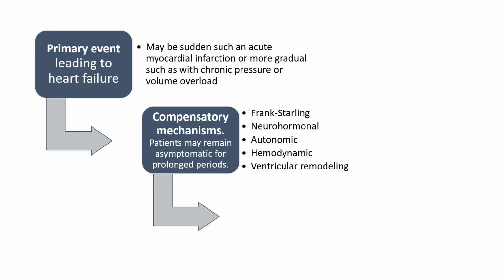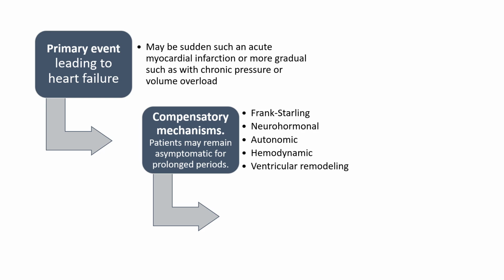The Frank-Starling response that we discussed earlier, and to remind you, this is when there is an increase in left ventricular end diastolic volume and left ventricular end diastolic pressure. The myocardial fibers are stretched, resulting initially in an increase in cardiac output.